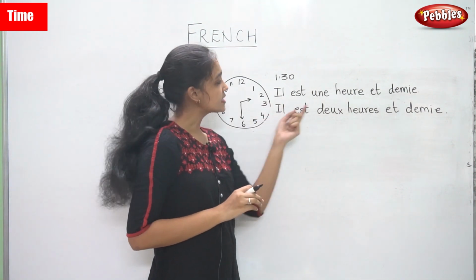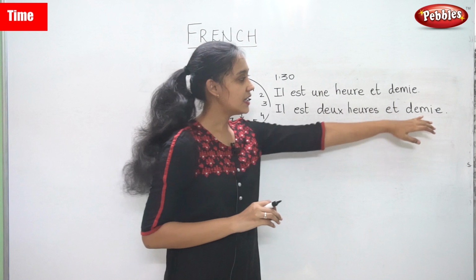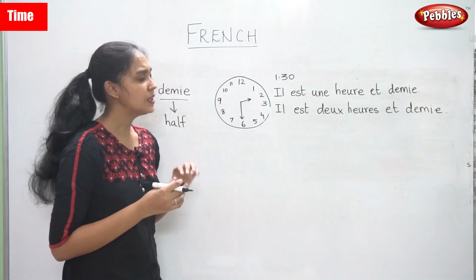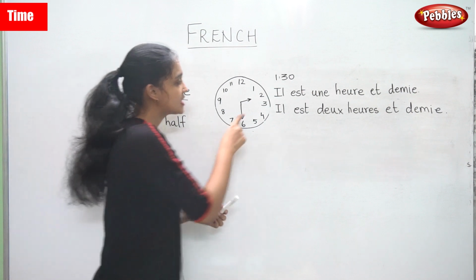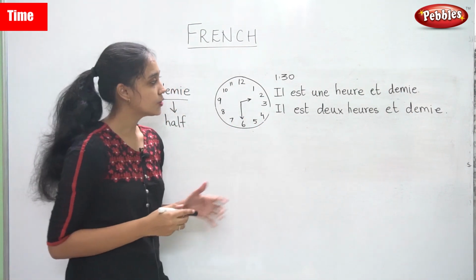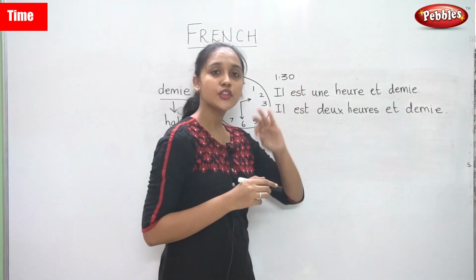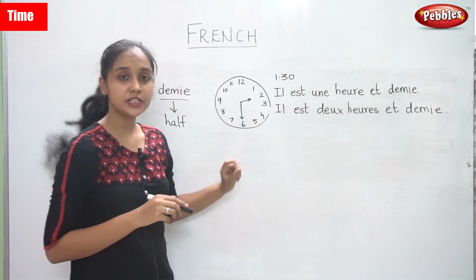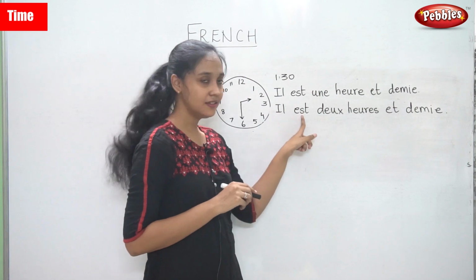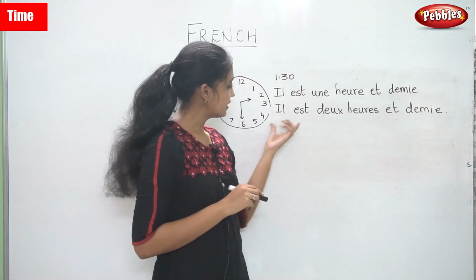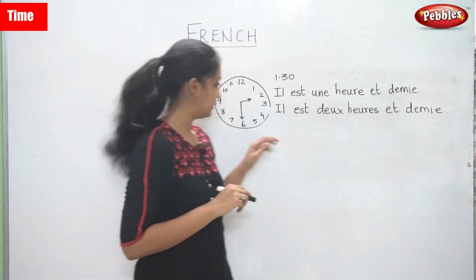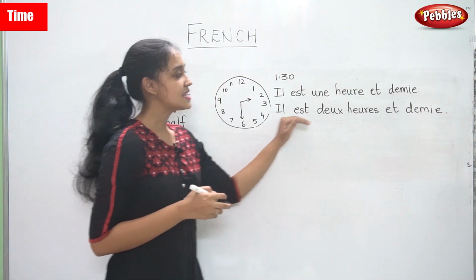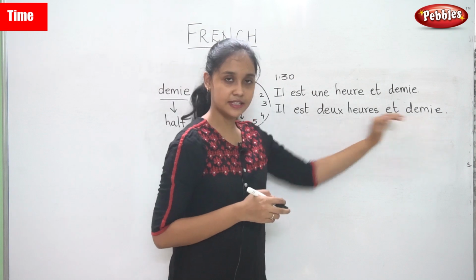So it is 2 hours and a half. 2:30. Similarly, how would you say when it is 3:30? You would say il est 3 heures et demi. 4:30 would be il est 4 heures et demi. 5:30 il est 5 heures et demi.